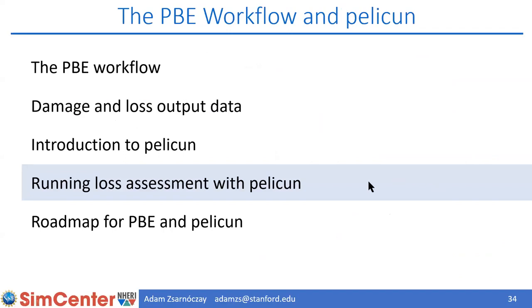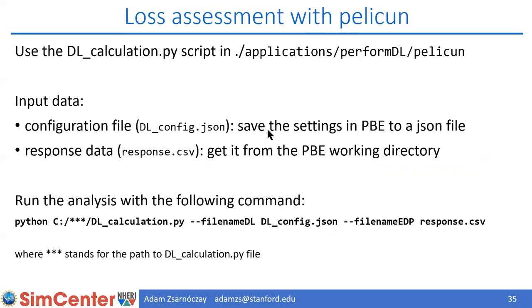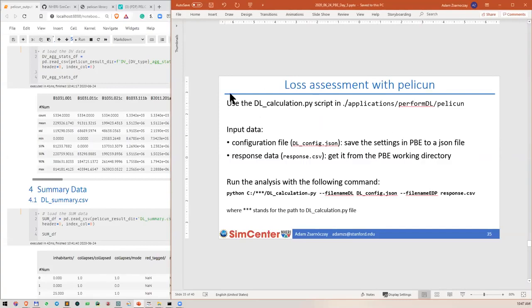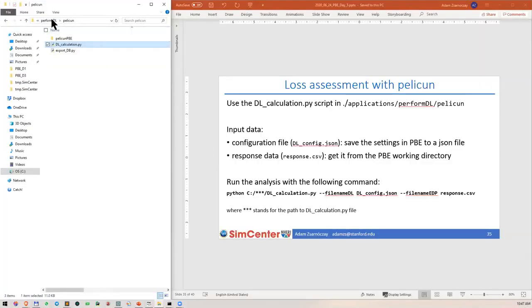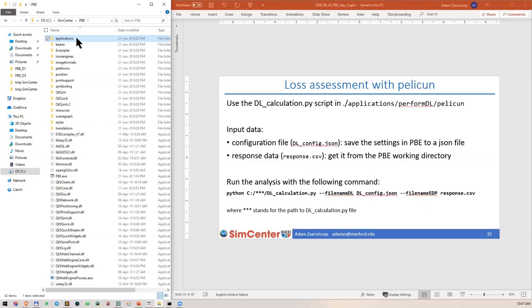And now let me show you how to run the loss assessment with Pelican, if you wish. So again, I'm going to make this a little bit smaller and show you this script. I think I've already pointed that out, but I just want to make sure that you will be able to find it. It's in your PBE folder, there's an applications folder.